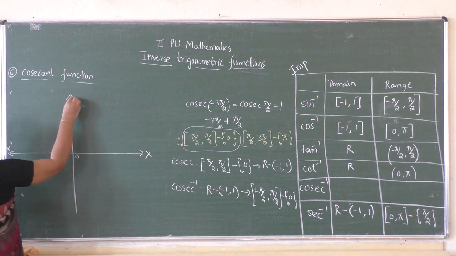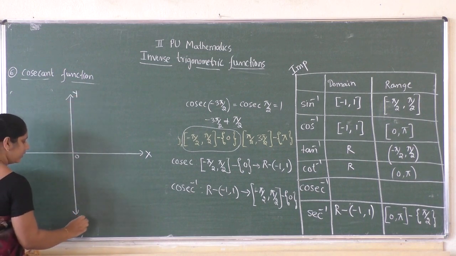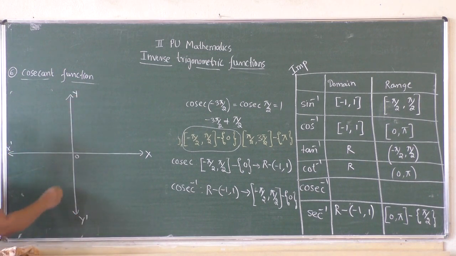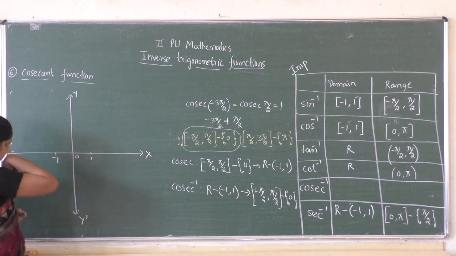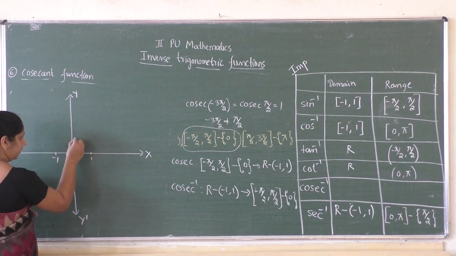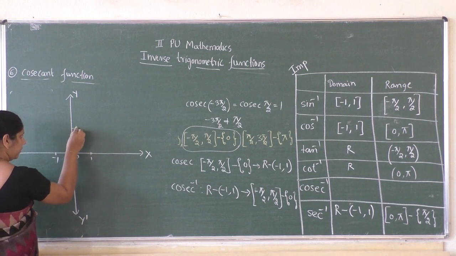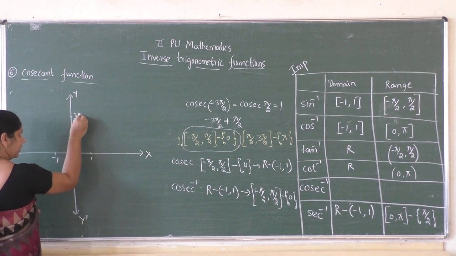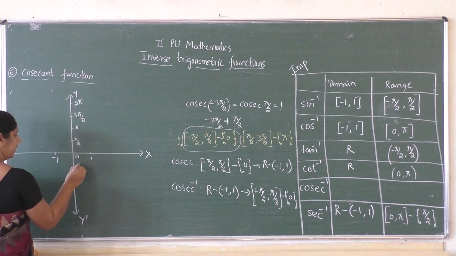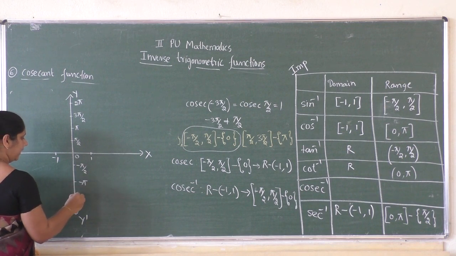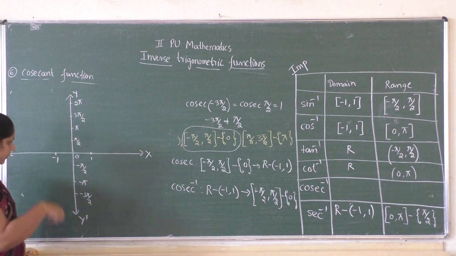X dash, Y dash. Here 1, minus 1. Here pi by 2, pi, 3 pi by 2, 2 pi. Here minus pi by 2, minus pi, minus 3 pi by 2, and so on.